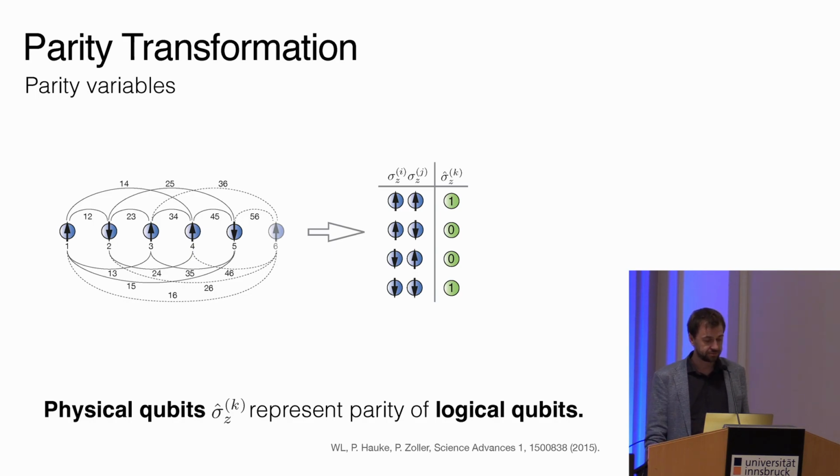For example, if the constraint is sigma 1 times sigma 2 is plus 1, this would be a product form. Or if you have a sum, and that's something that's very common in optimization problems, then this gives you an additional overhead because you have to write it in this Lagrange formula where you have the sum minus the constraint squared, which then again allows you to minimize an energy.